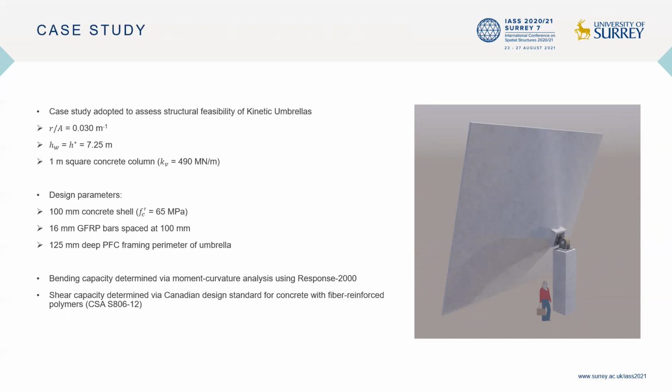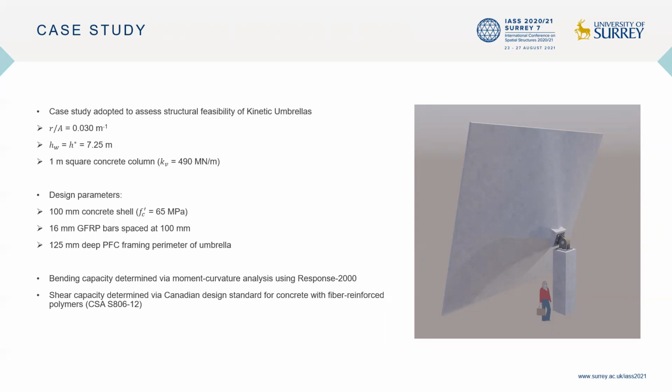The umbrella was assumed to be 100 millimeters thick, fabricated using high-strength concrete, and reinforced with a mesh of 16 millimeter GFRP bars spaced at 100 millimeters. A 125 millimeter parallel flange channel, or PFC, provides perimeter stiffening.